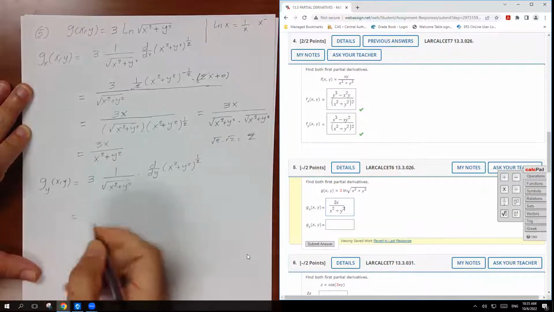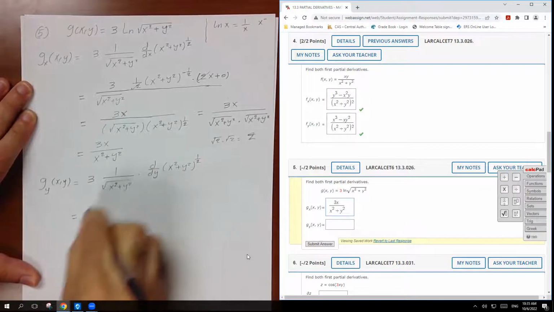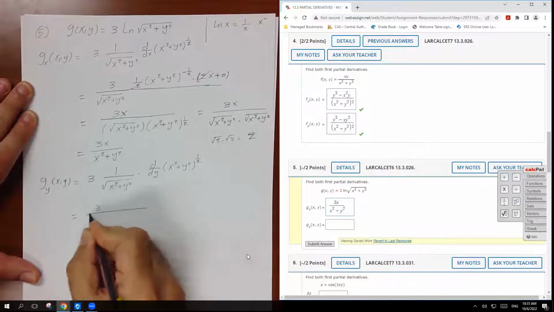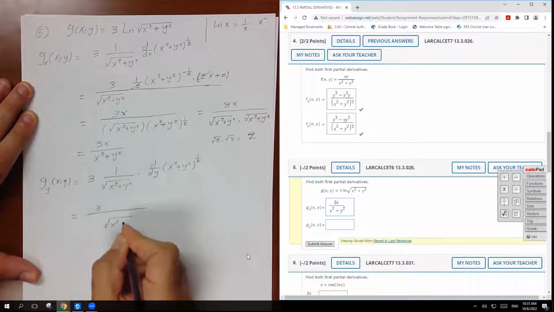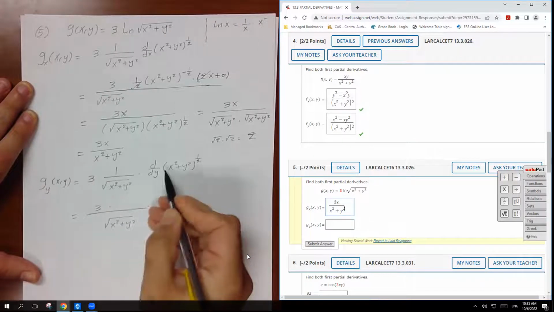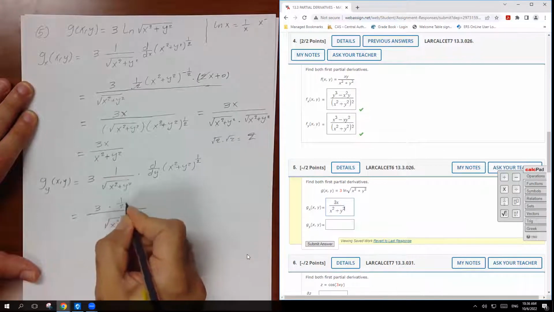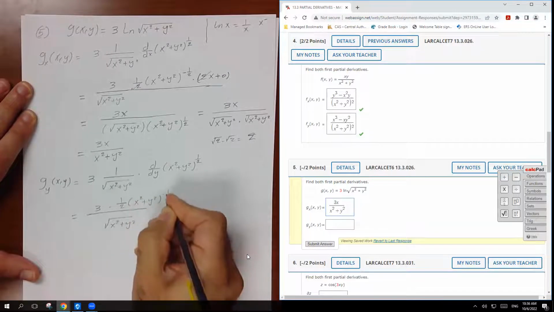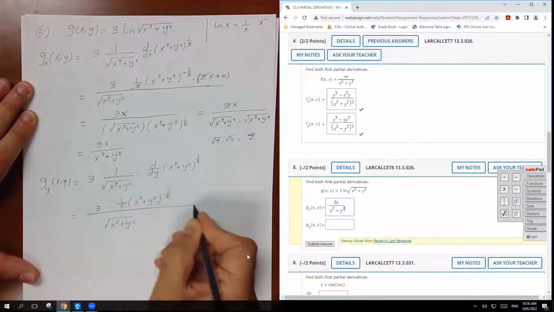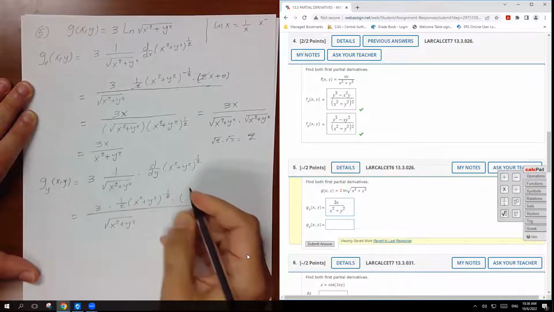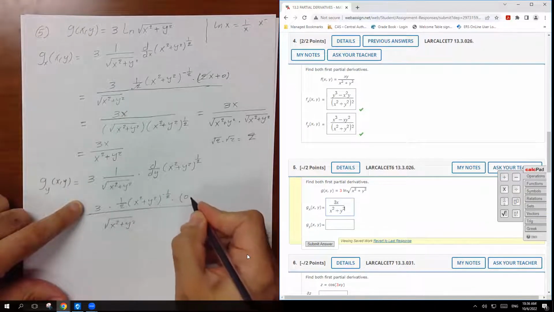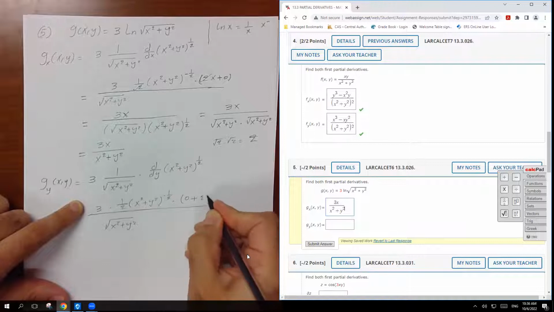Now this one is going to be equal to 3 over the square root of x squared plus y squared times half, x squared plus y squared to the negative half, times the derivative of the inside with respect to y. That means x squared is 0, so 0 plus 2y.